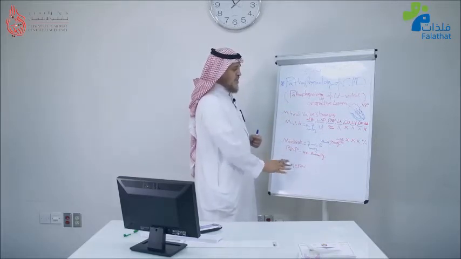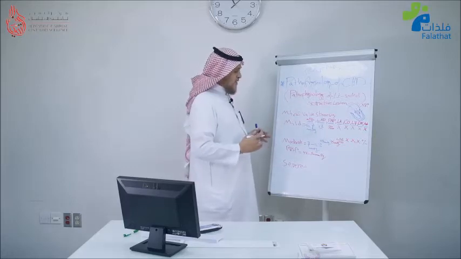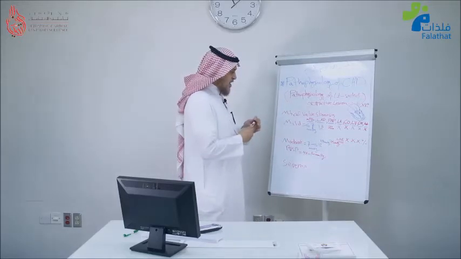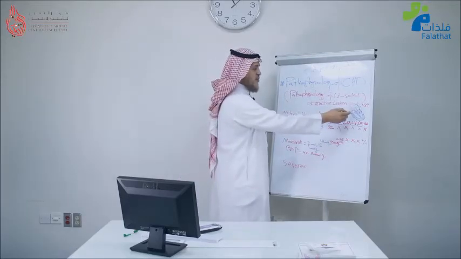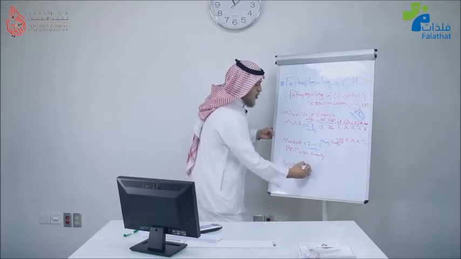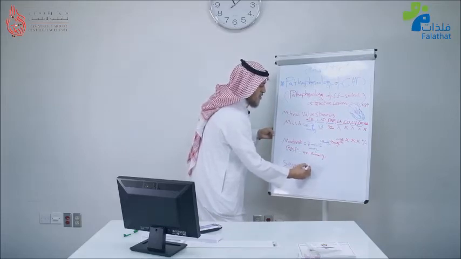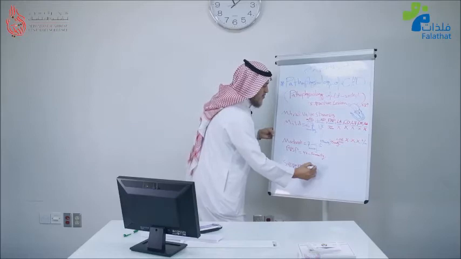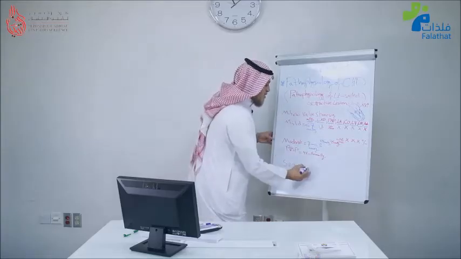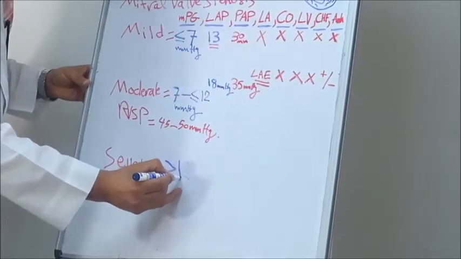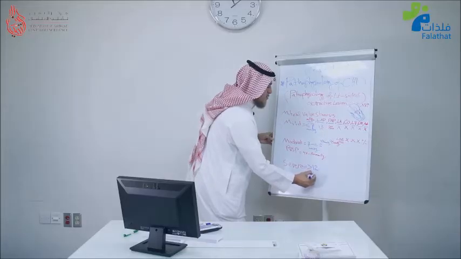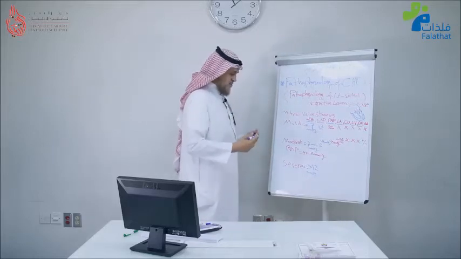Now we go to severe mitral valve stenosis, and when we talk about severe, we talk about a mean pressure gradient difference between the left atrial pressure and the end diastolic left ventricular pressure of more than 12 millimeter mercury, more like 15 and so.